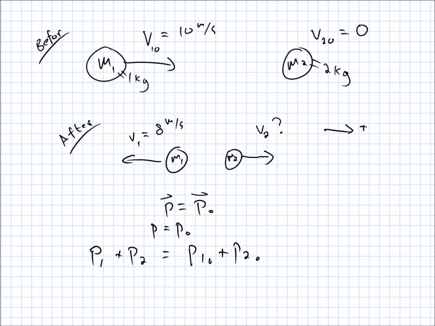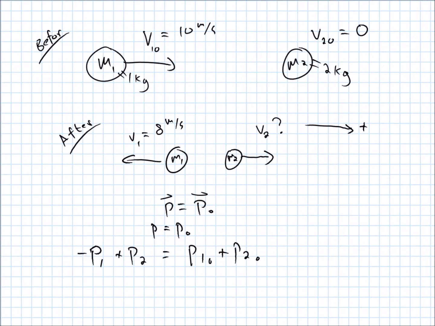Okay, so that's pretty straightforward, but at some point, I need to take into account the direction of the velocity and therefore momentum. So I said that the positive direction is to the right. So that means, let's see, this v1 final, that is moving to the left. So the final velocity for mass 1 is negative, or in other words, its momentum needs to go into my equation with a negative sign.